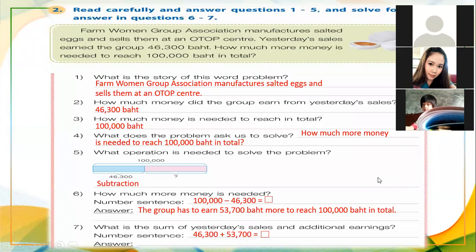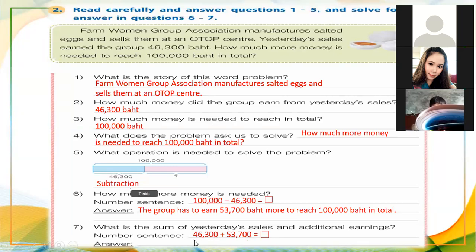Okay, students. After we have the answer 53,700, how are we going to check it? The amount they need to earn more is 53,700, and yesterday's sale was 46,300.